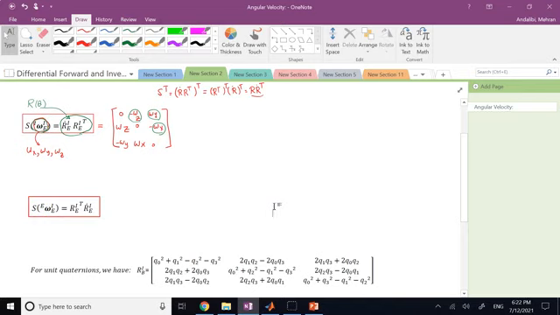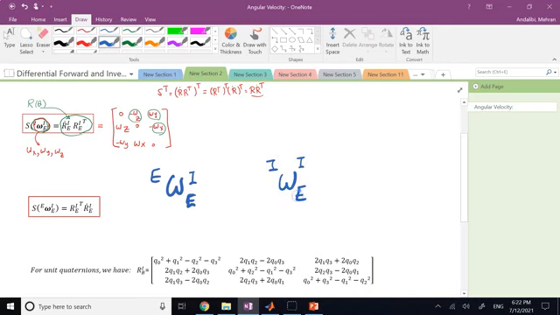Where does this formula come from? Well, if you remember, here I'm after omega of E with respect to I in E. How can I find it from this one that I already have?